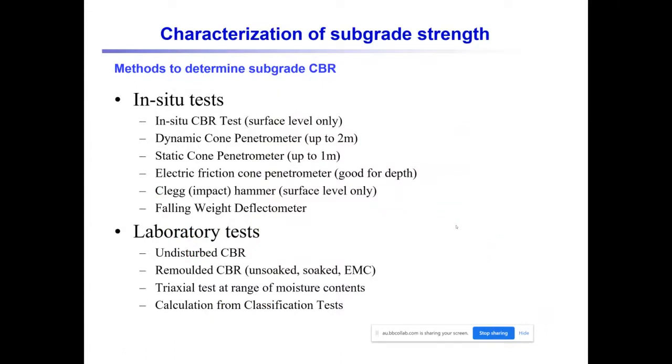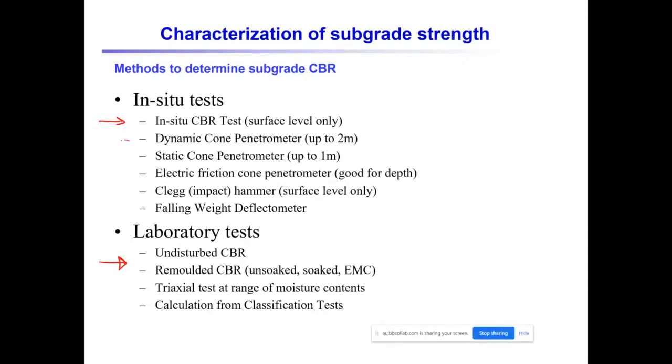I showed you different methods to determine the strengths of the subgrade, and we went through the first testing method, which is the in situ CBR or the laboratory CBR test.